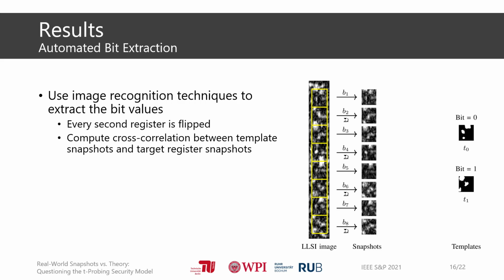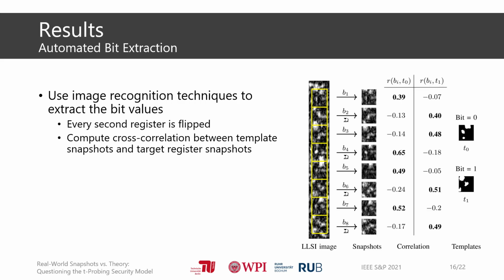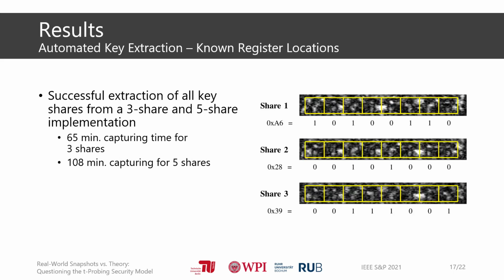And then we simply calculated the cross correlation between each cell and the templates. This table clearly shows that the correct bit value can be extracted using this approach. And it works pretty reliably. We could extract all 128-bit key shares from a 3-share and even from a 5-share implementation without any bit errors. So that was pretty impressive to us.